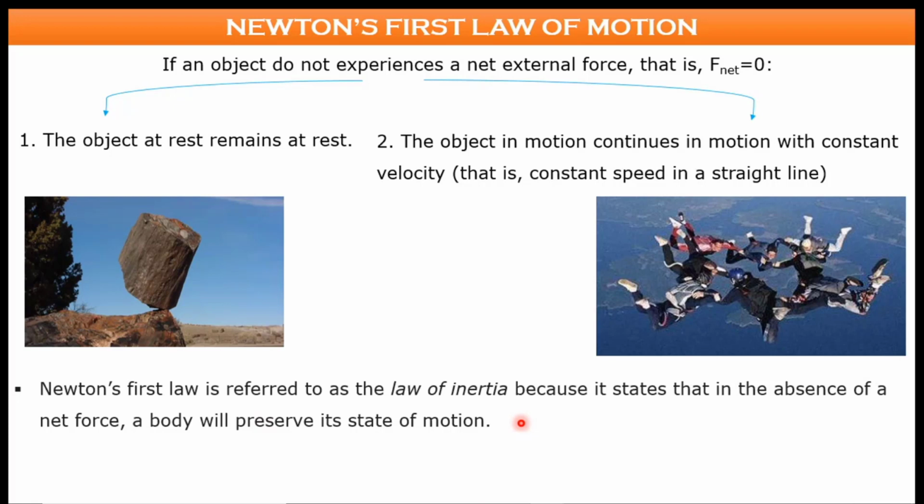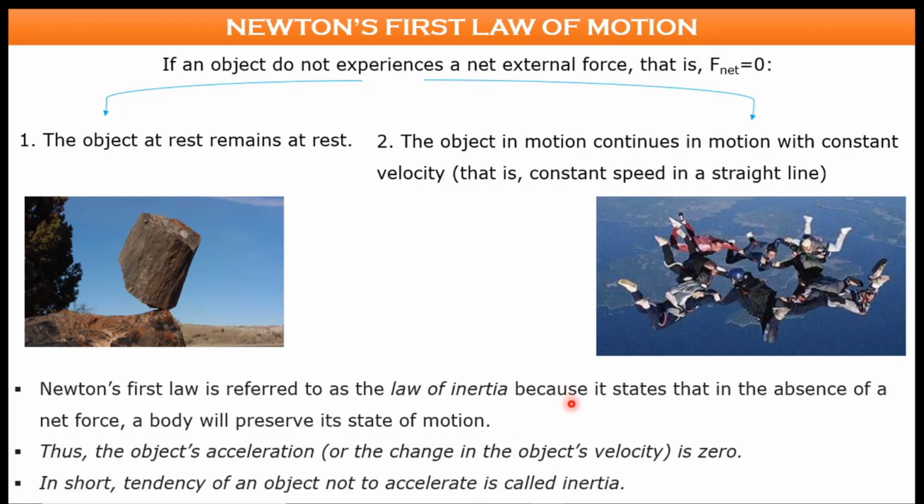And these sentences are exactly from your 11th grade book. Because if the net force is zero, the acceleration must also be zero. So the object's acceleration is zero, or the change in the object's velocity is zero. In short, the tendency of an object not to accelerate is called inertia.